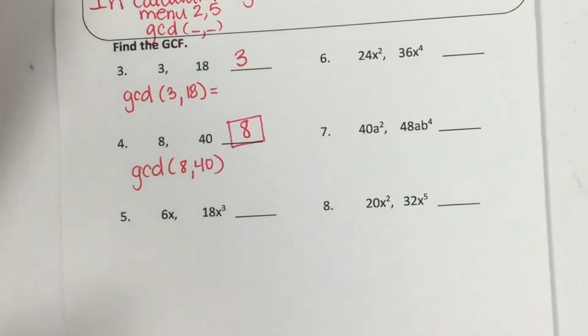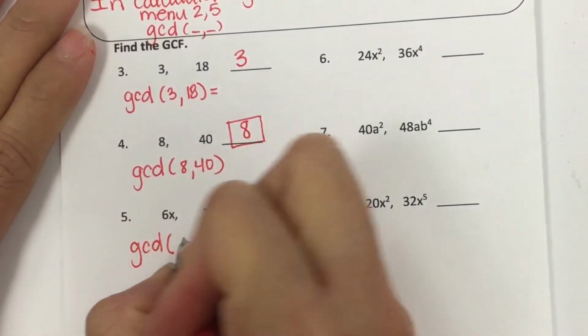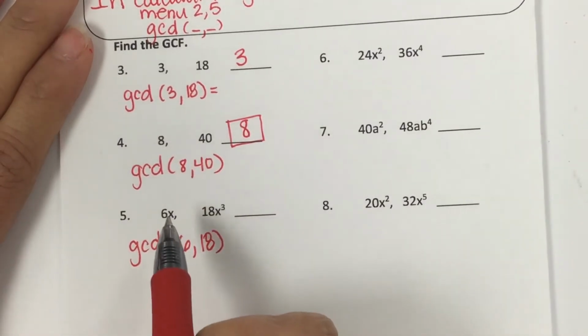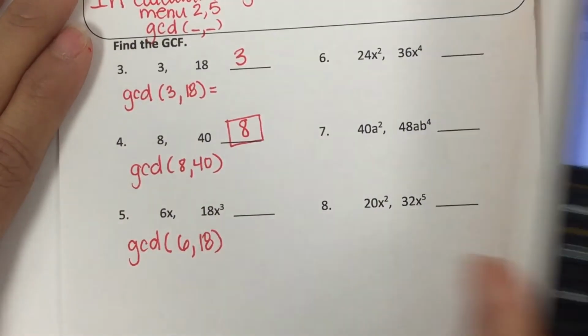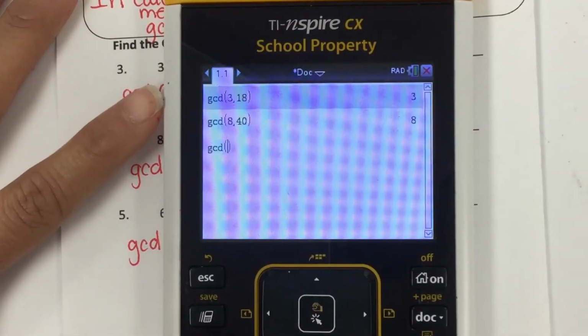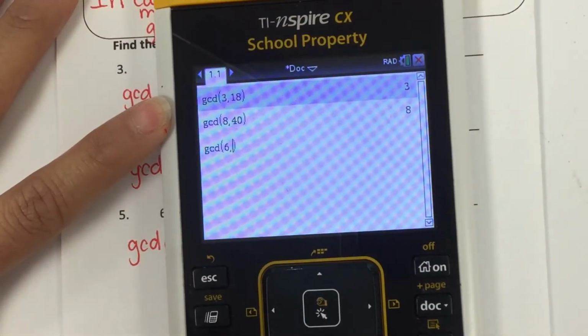For number 5, we're going to take the GCD of your numbers, 6, 18. You cannot put a variable in the calculator. So let's find the GCD of your numbers. Menu 2, 5, and it's 6, 18. Enter. You get 6.